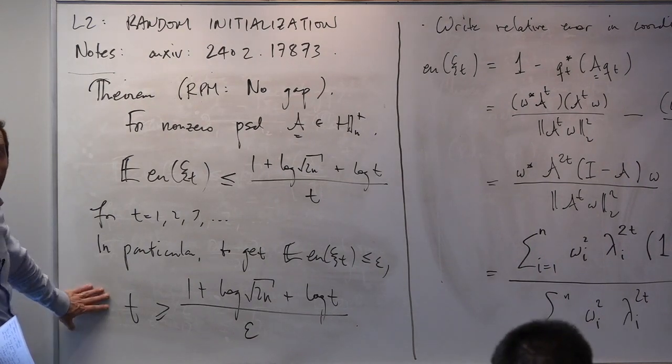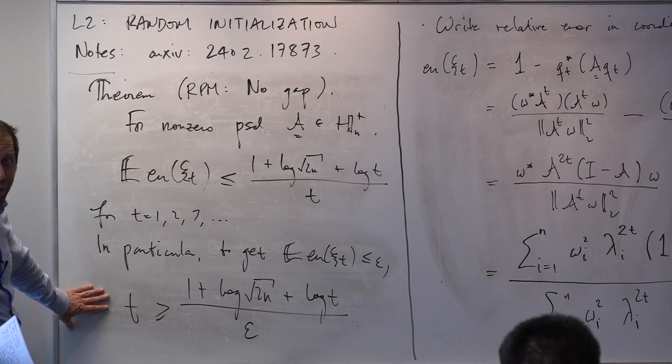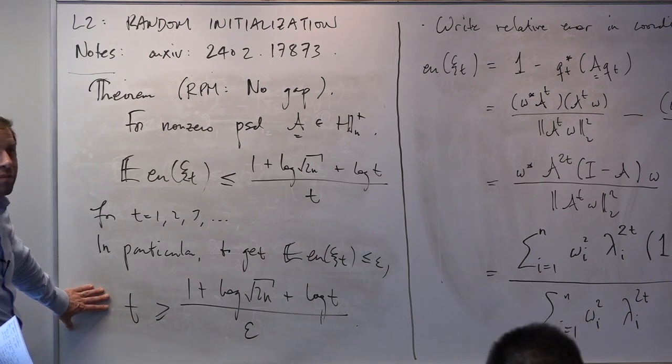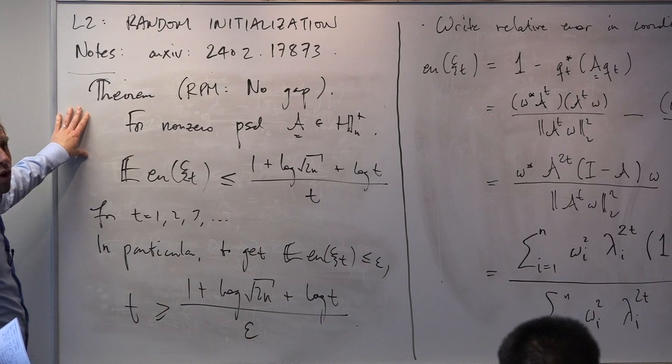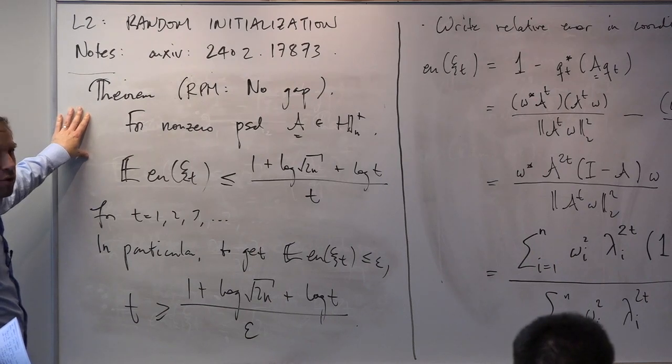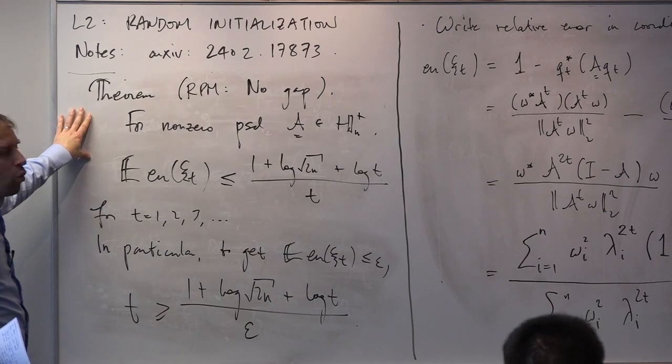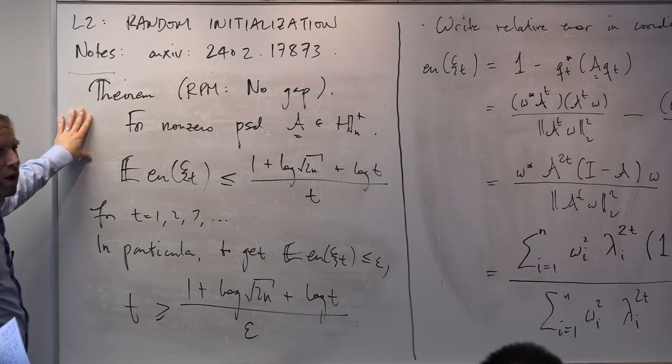On the other hand, what's vanished? The spectral gap. This is true for every matrix, regardless of whether the top 2 eigenvalues are separated. Okay? So let me repeat that. This is true without any assumptions on the eigenvalues of A. Whereas the classical results all seem to require the spectral gap to produce anything.